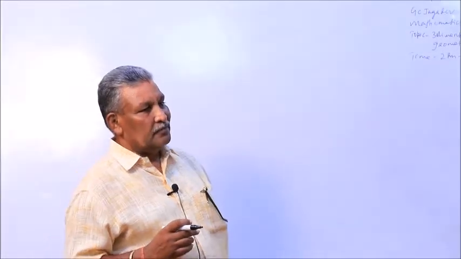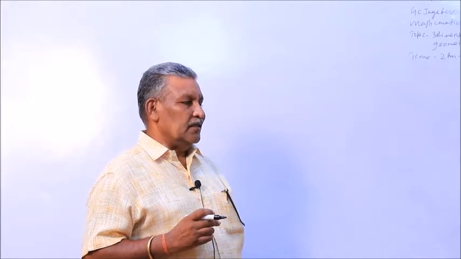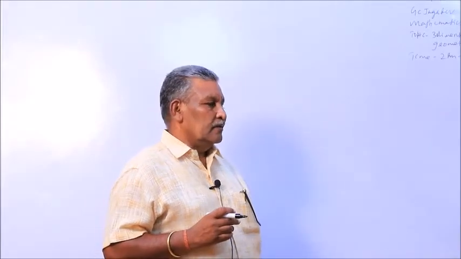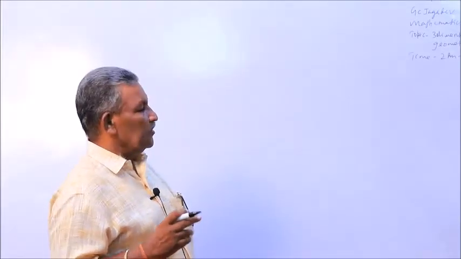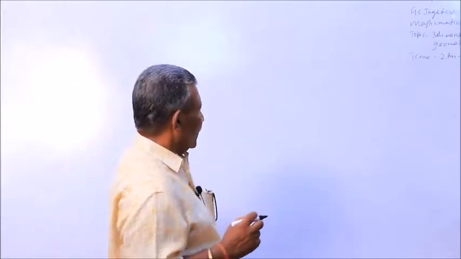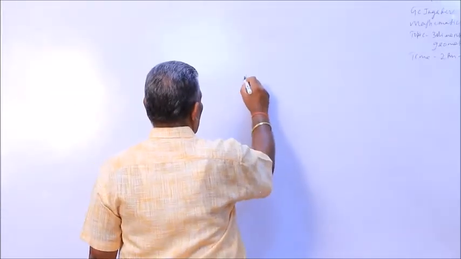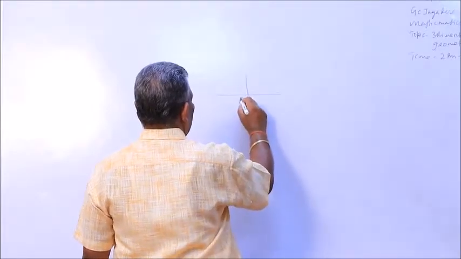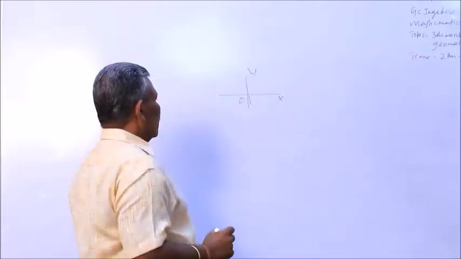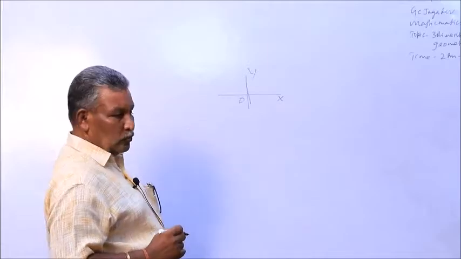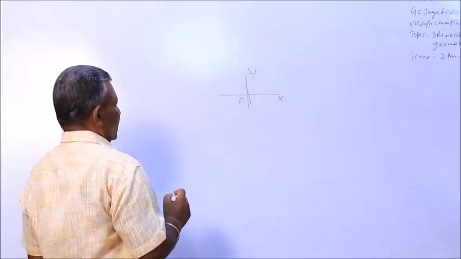But here, in a three-dimensional plane, there are three coordinate axes. In two dimensions there are two coordinate axes, but in three dimensions we have three.